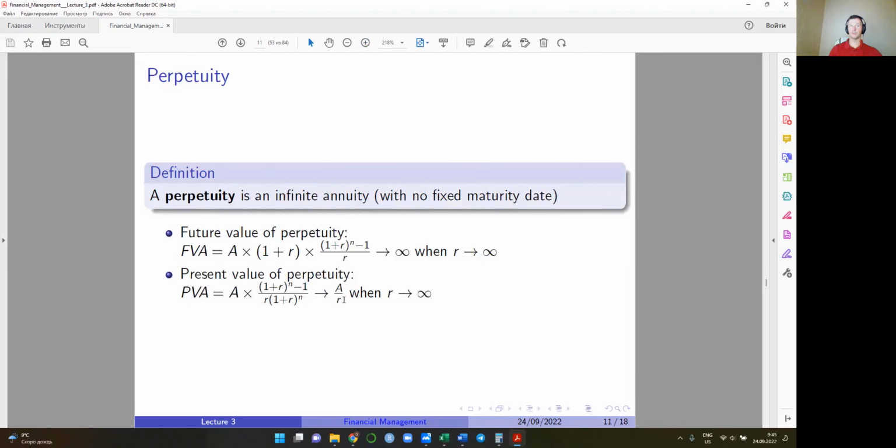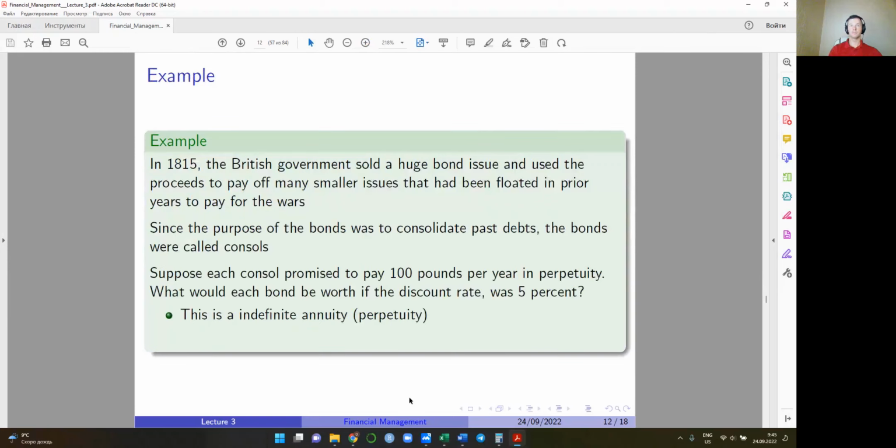The formula for the present value of an annuity is this, A over r. So let me know what is the answer. This is as simple as possible.